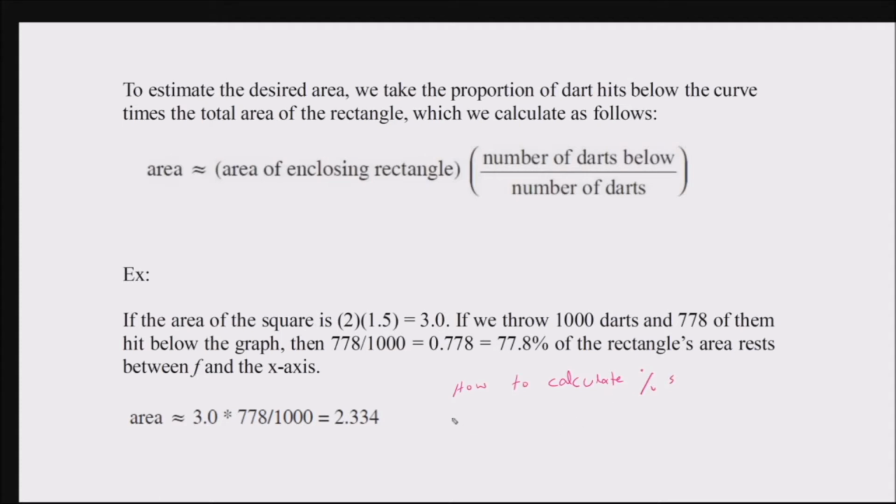So first you say 1000 dots, if 1000 dots, then how many number of dots below the graph, right, will be equal to what?